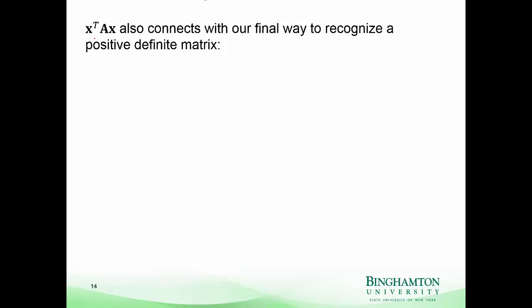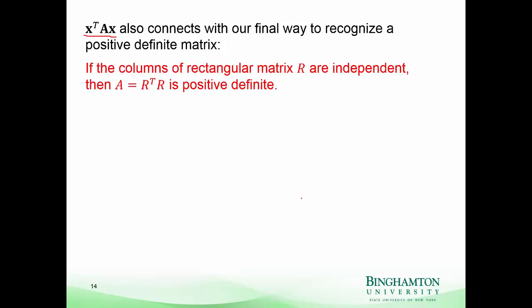So this quadratic form, this new way of defining positive definiteness, connects with our final way to recognize a positive definite matrix. If the columns of some rectangular matrix R are independent vectors, then we form a matrix by taking R transpose times R. Notice we're allowing a rectangular matrix here.